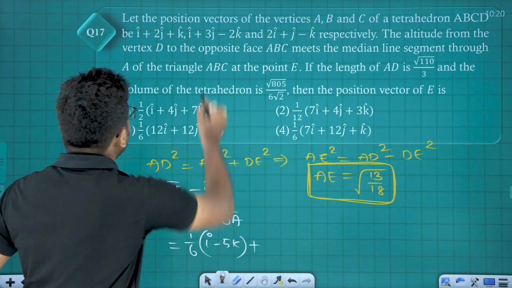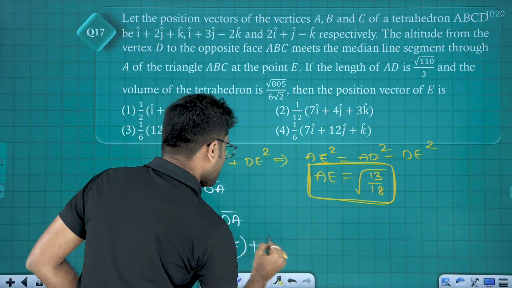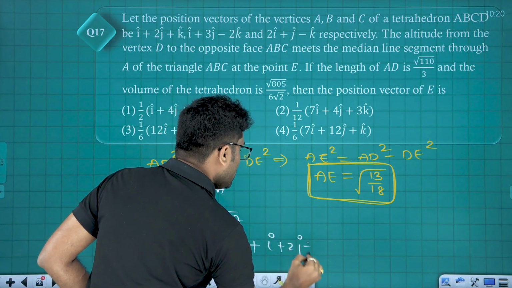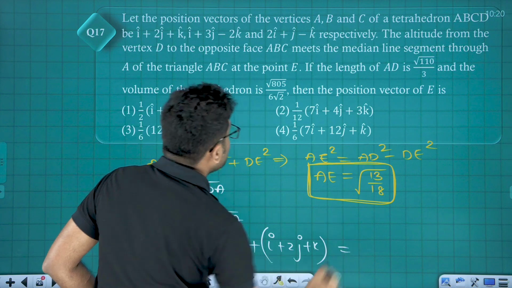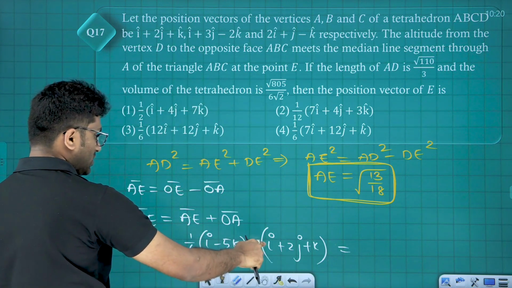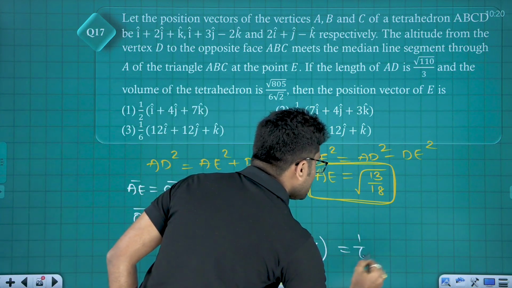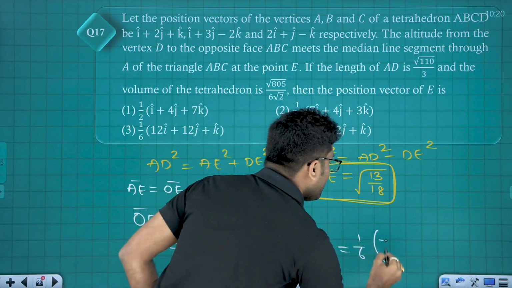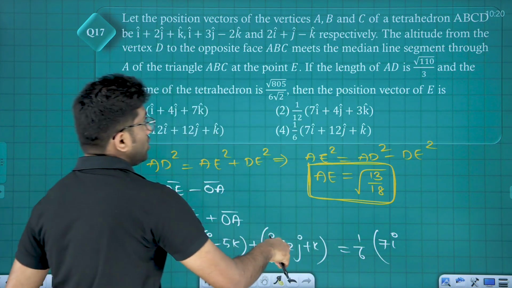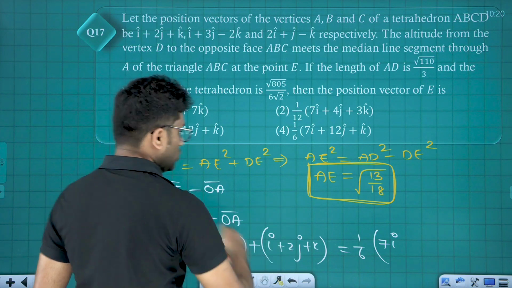What is OA bar? i plus 2j plus k. So finally, 1 by 6 of (6 plus 1), which is 7i, and 6 twos are 12, 12j.